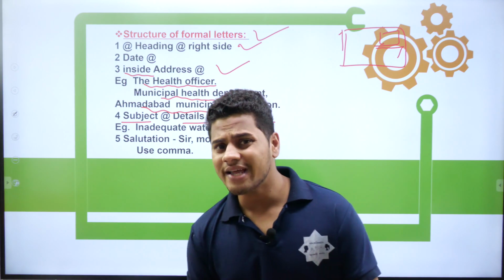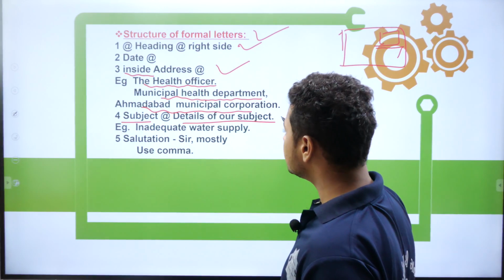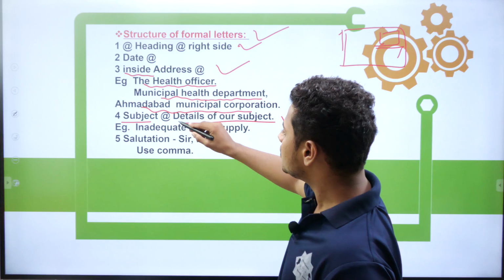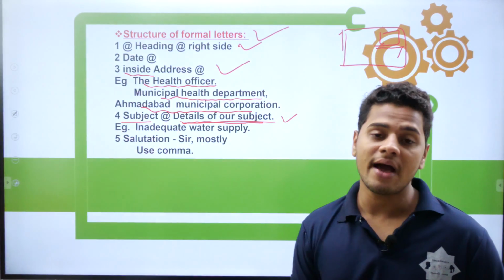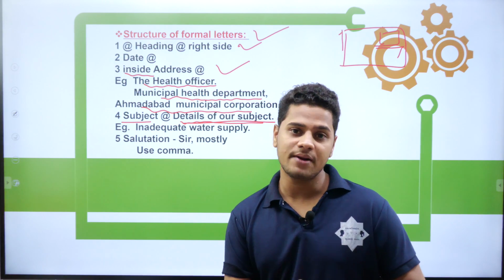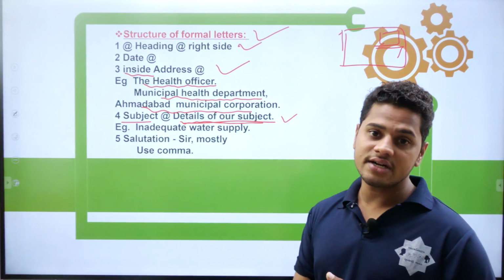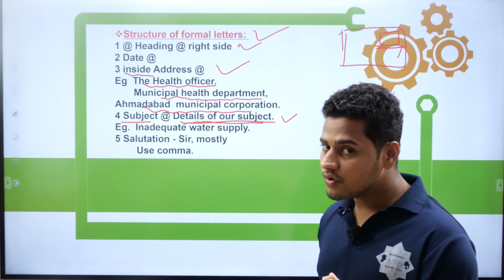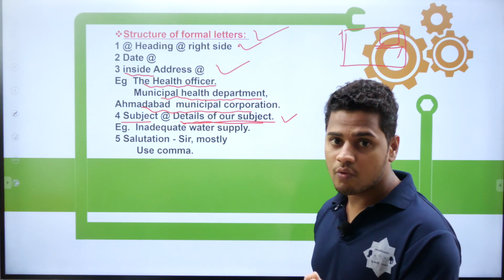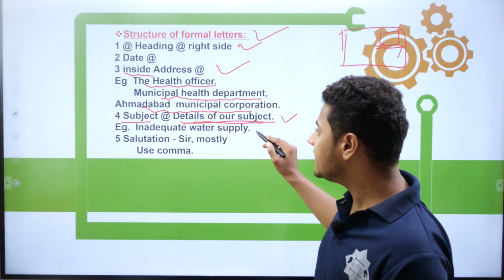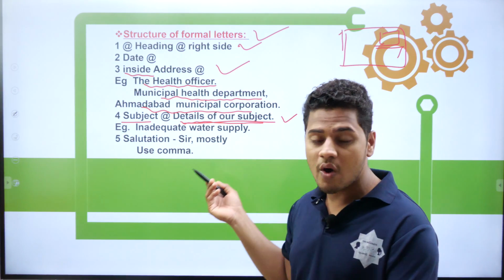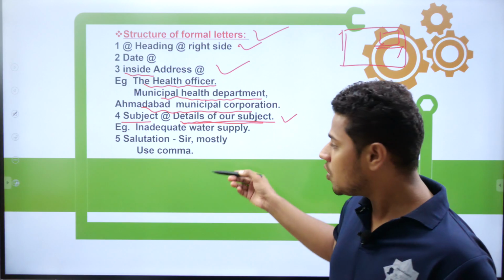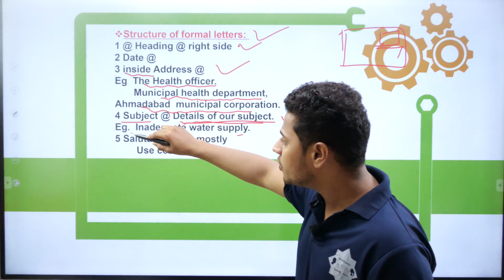So the subject is most important, and you have to make it clear. Write the whole details about your subject there. For example, if my town has a problem of inadequate water supply, I can write a letter to the municipal corporation or whoever distributes the water. So be clear about your subject.